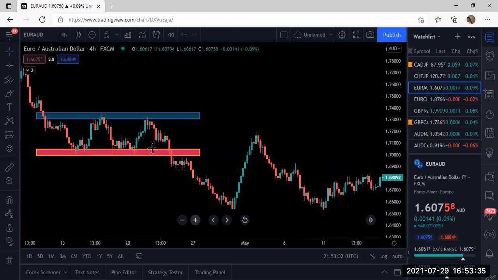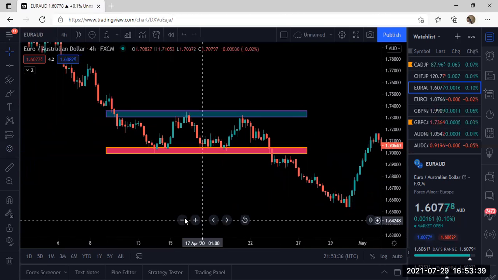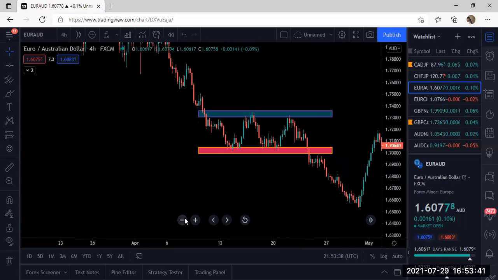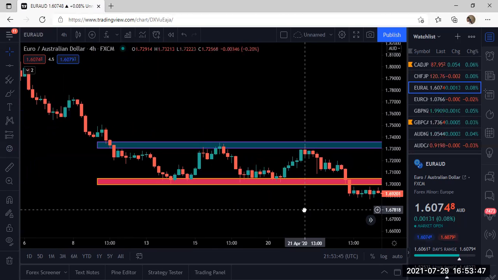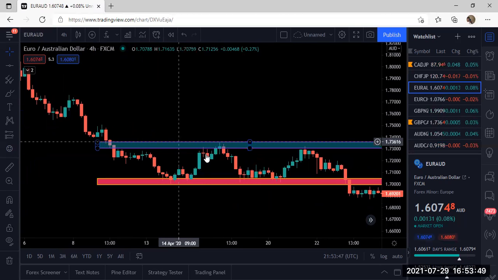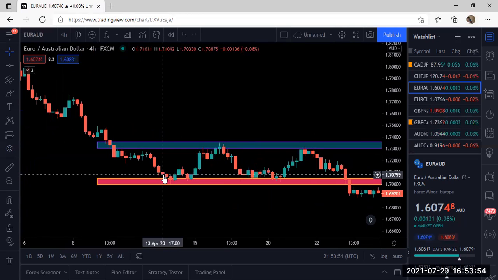How would you know when the support or resistance is going to break? Well, the only way to truly find out, well, we don't know exactly what time it is going to break, but you can go off of how many times the resistance has been tested and how many times the support has been tested.